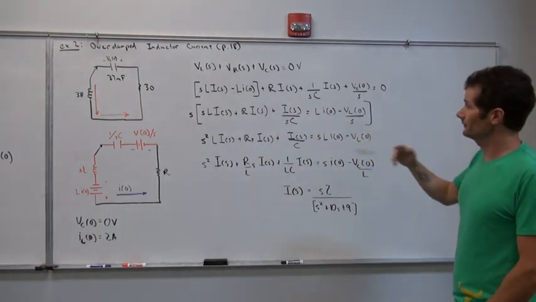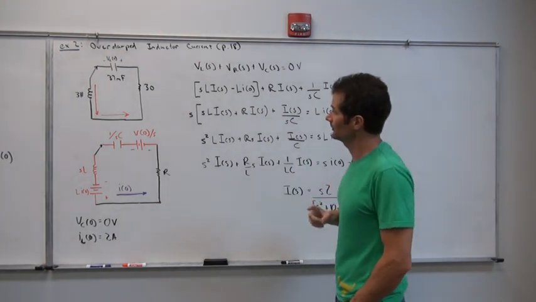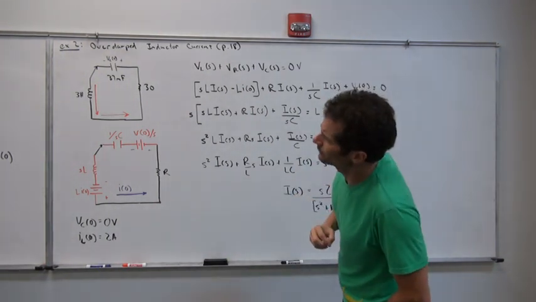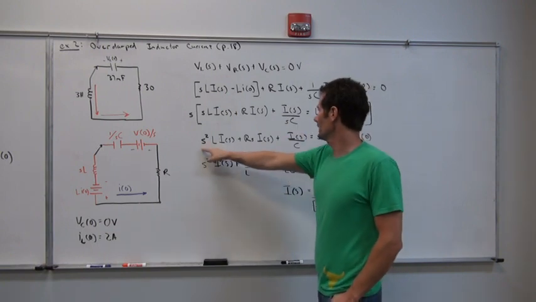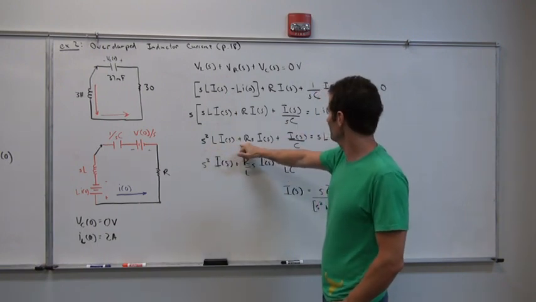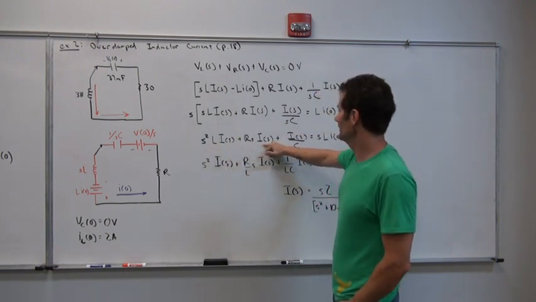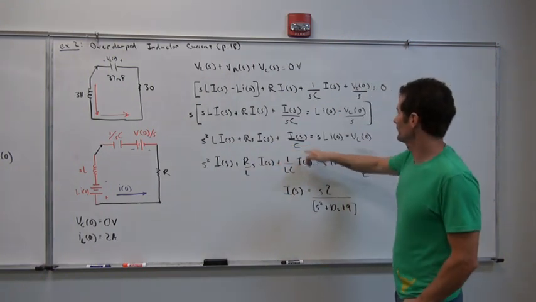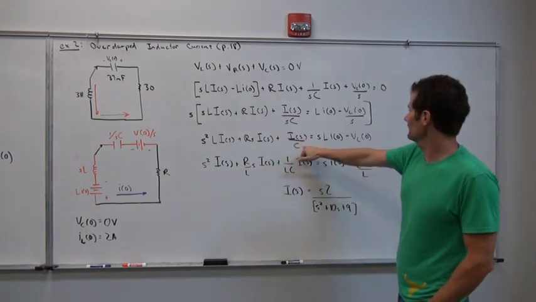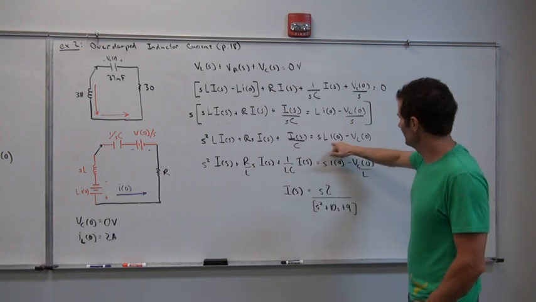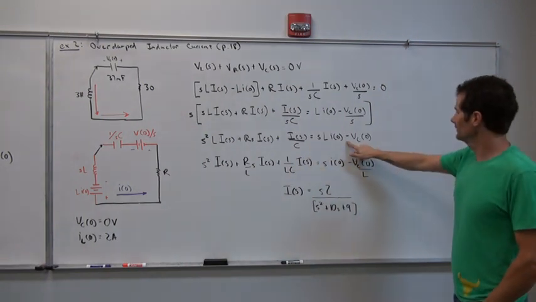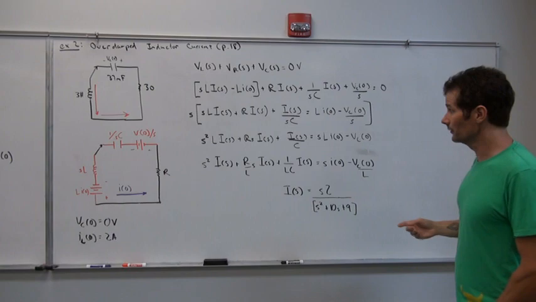And so sure enough, guys, we got S squared times L times I of S plus RS times I of S, and then plus I of S divided by C, and that's equal to SL times I naught, and then minus VC of 0.